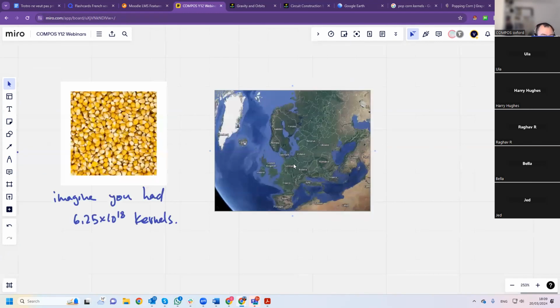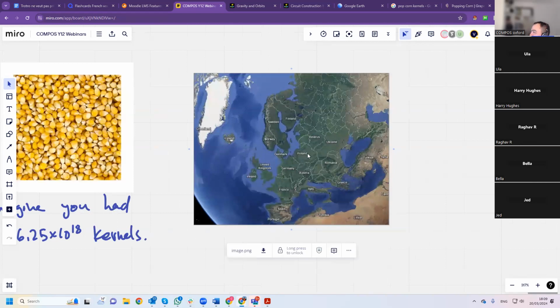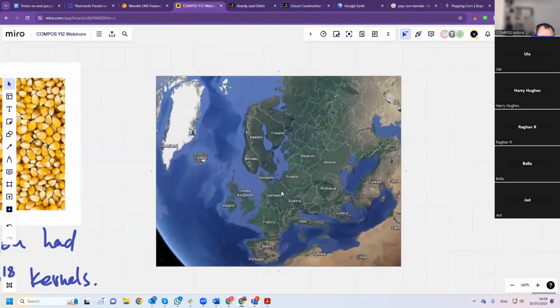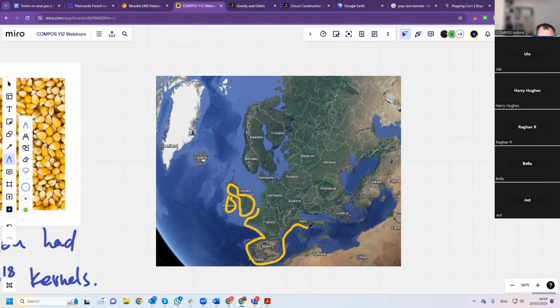All of Europe, pretty much. You could cover all of UK, Ireland, France, Spain, Portugal, like everything, excluding Russia.